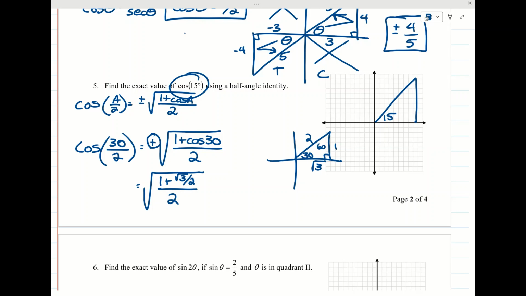The way that we finish this, remember, this is kind of like a really ugly fraction. You have a fraction inside of a fraction inside of a radical. So what we want to do is multiply the top and bottom to make the bottom into a perfect radical. If you multiply top and bottom by 2, what you wind up with is the square root of 2 plus root 3 all over the square root of 4, which simplifies to just be square root of 2 plus square root of 3 all over 2.